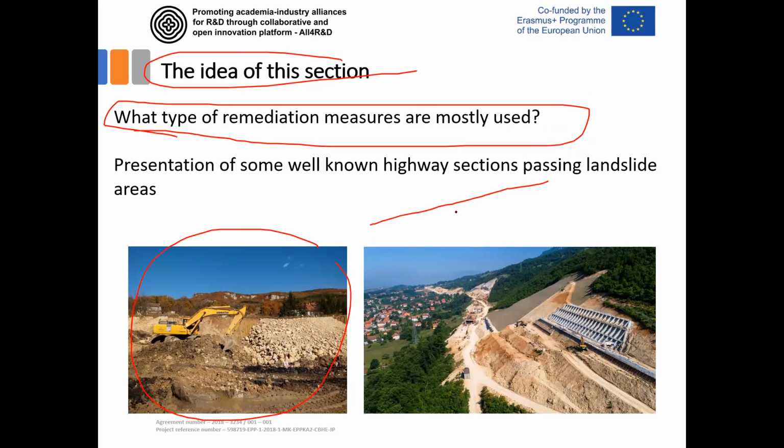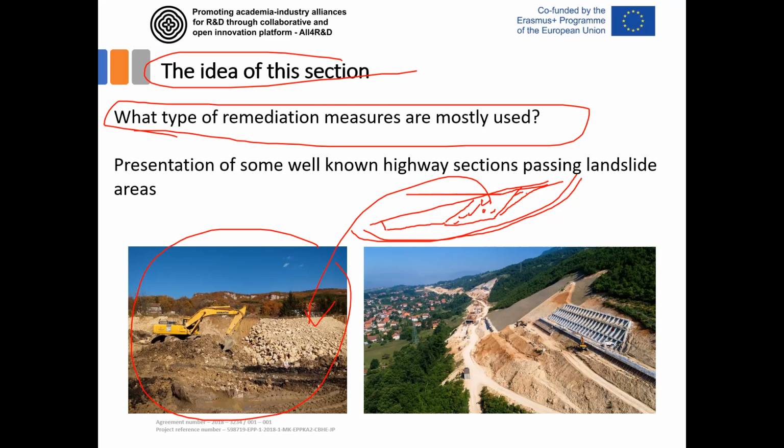If you have a slope like this, that is sliding like this, and you want to build a highway here, and the water level is very high, then you may try to excavate this and replace all this with some crushed rock material to try to reduce this water level, to try to increase the safety factor of this slope.